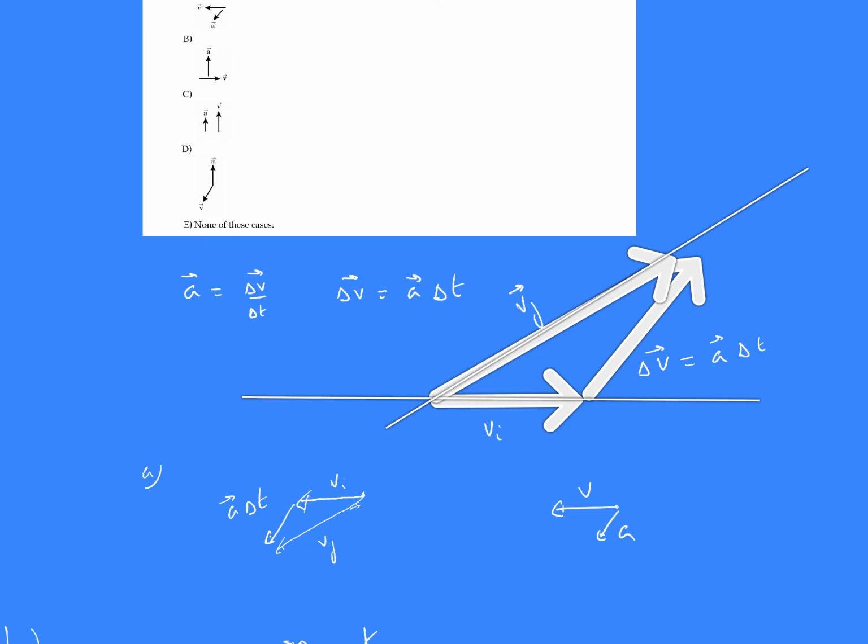Now that we understand this, we have to sum v sub i to the change. We cannot sum v with a. We have to sum v with a times delta t. This is the change in the velocity, because v has a unit of meter per second and a has the units of meter per second squared, so I cannot sum it even if they give me the vector.